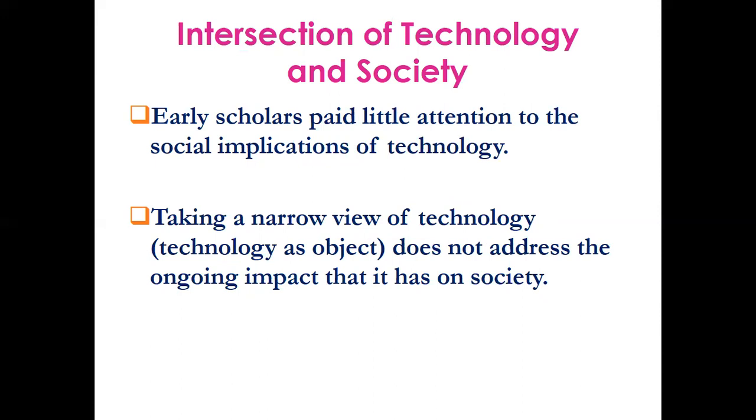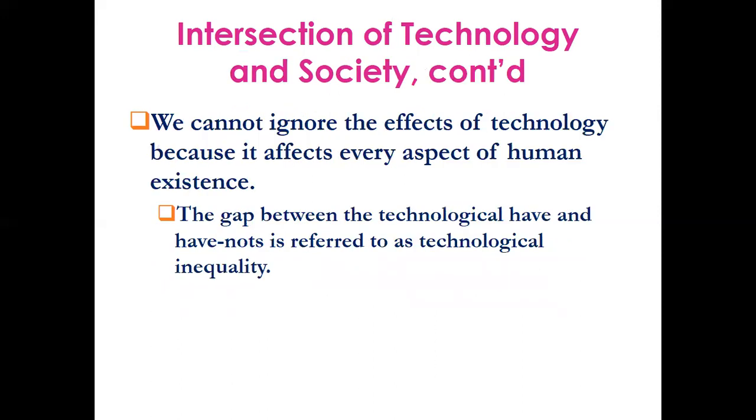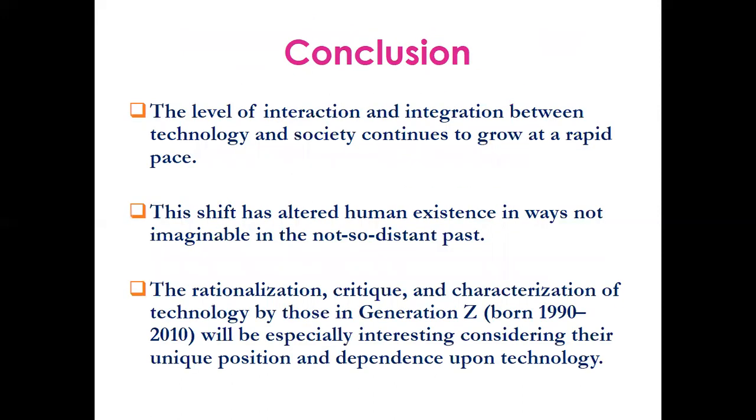Those days are past. It has come to be accepted that there is an interaction between society and technology, and we have to see it as such. Basically, the conclusion is that the level of interaction and integration between technology and society continues to grow at a very rapid pace. And that's for us to study.